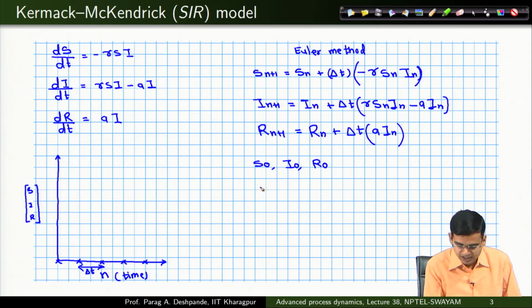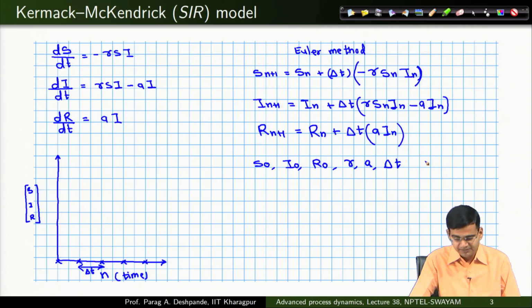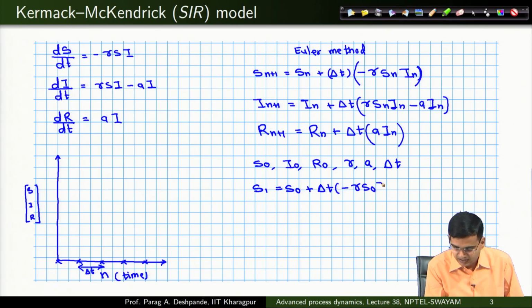So, if you know R and A and you have set delta t, then the value of S at the first instant of time would be simply S 0, which is known to you, plus delta t, well, you have set it, minus R, which is known, S 0 I 0.